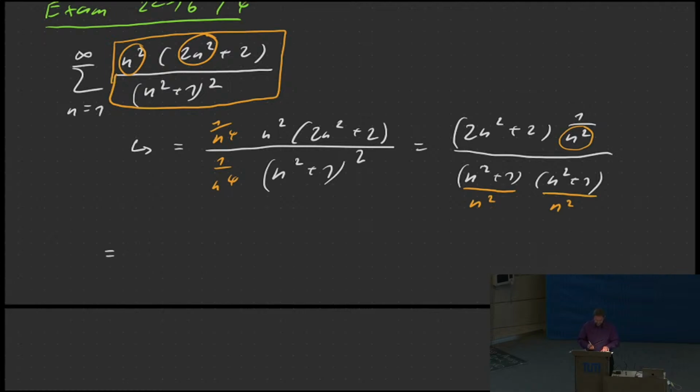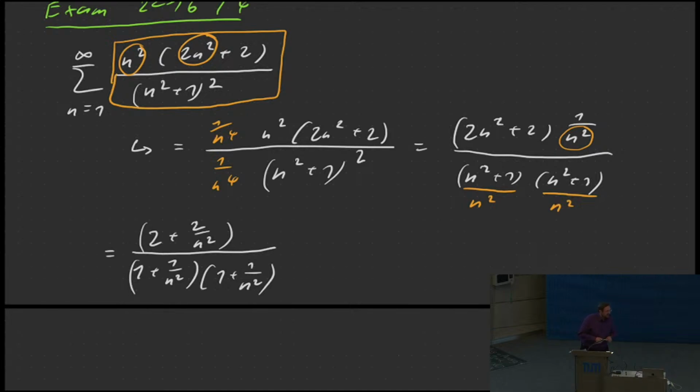And that means what I get is, well, let me first complete the denominator. What I get in the denominator is 1 plus 1 over n squared times 1 plus 1 over n squared. Right? And in the numerator, I can do the same thing. I can take this in here. This cancels out, and here I get 2 over n squared. Right? So I have 2 plus 2 over n squared.